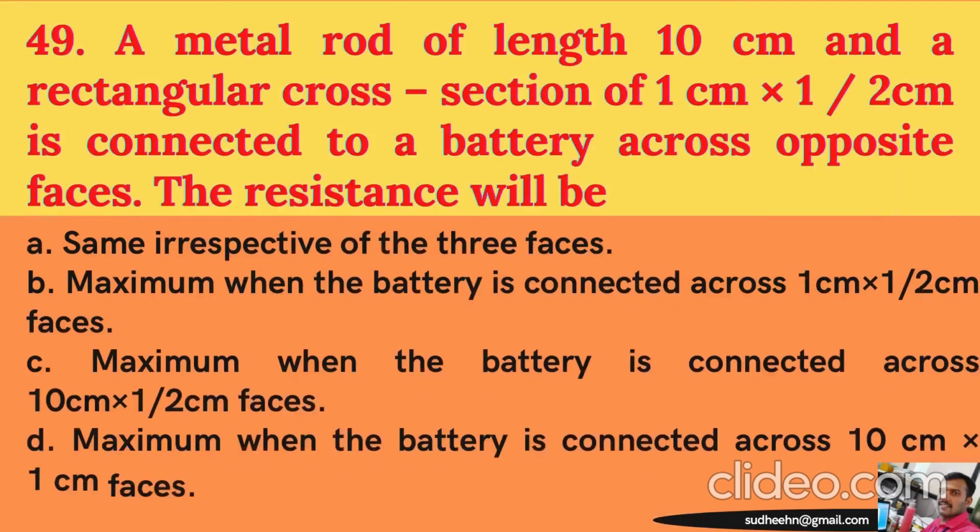Question number 49. A metal rod of length 10 centimeter and a rectangular cross section of 1 centimeter into half centimeter is connected to a battery across opposite faces. The resistance will be: option A, same irrespective of the three faces; option B, maximum when the battery is connected across 1 centimeter into half centimeter faces; option C, maximum when connected across 10 centimeter into half centimeter faces; and option D, maximum when connected across 10 centimeter into 1 centimeter faces.